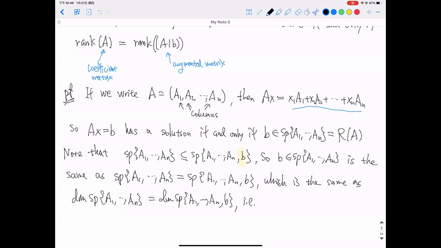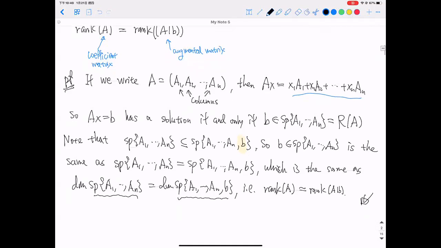The span of A1 through AN, the column space, is the range of A. Its dimension is the rank of A. Likewise, the other span is the column space of the augmented matrix, so its dimension is the rank of the augmented matrix. And that's the proof.